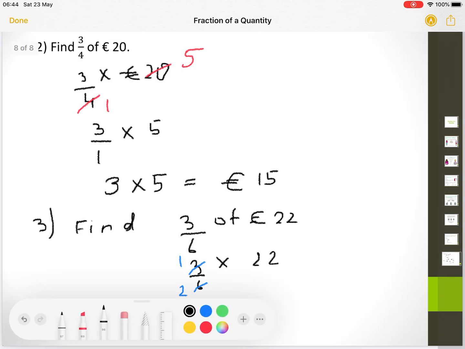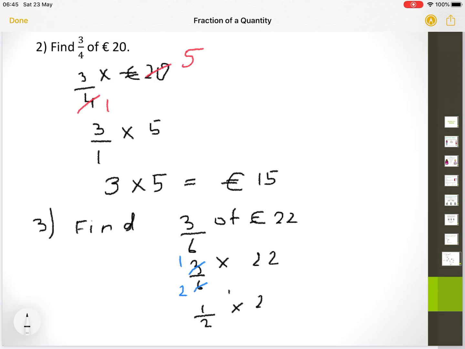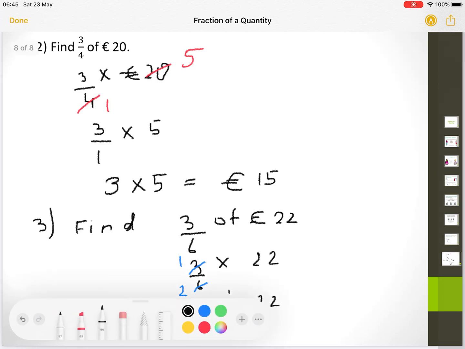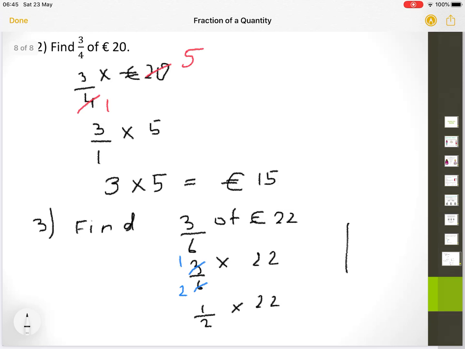It becomes 1/2 times 22. Now I can cancel also the 2 with the 22.